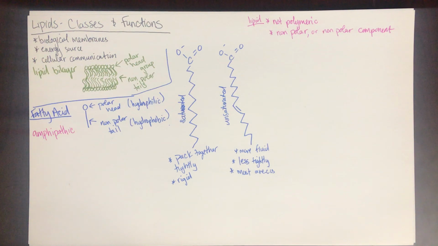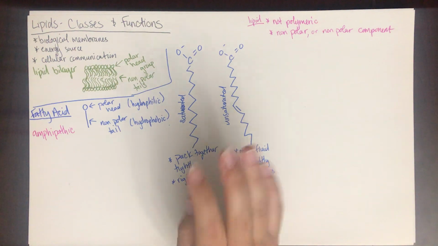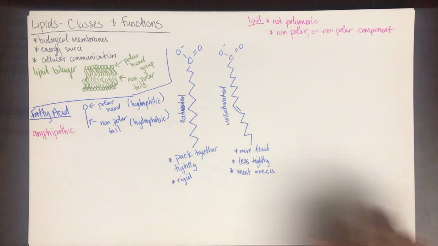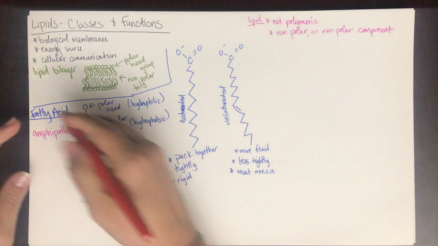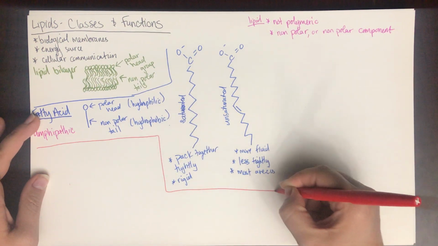So this is kind of the first class of lipids that we'll talk about, and we will talk about how we store fats as fatty acids. The next molecule that we're going to talk about is called a triacyl glycerol, and it's going to have 3 of these fatty acid chains.